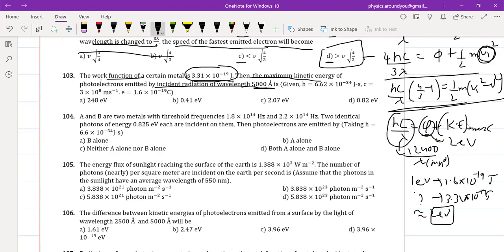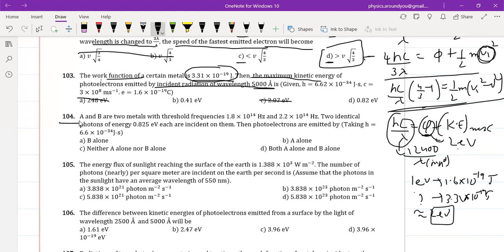I can get kinetic energy out, right? So I can eliminate two options actually: 248 eV and 2.07 eV, because I am subtracting 2 from something, right? So on the first side, you can eliminate that, but detailed mathematical calculation is necessary. That is question number 103.